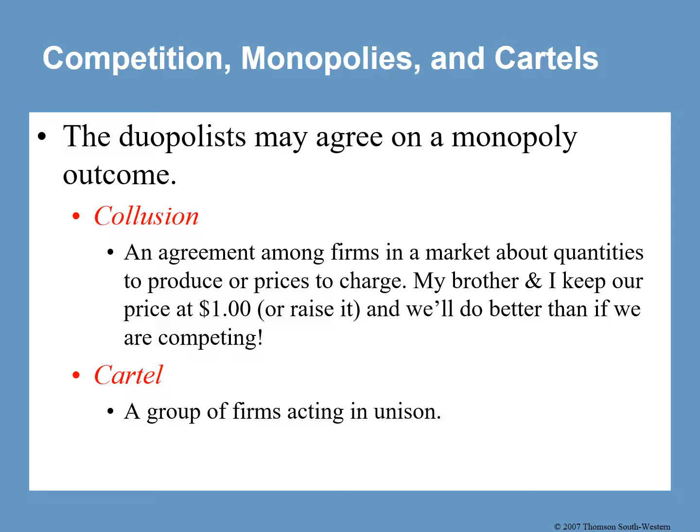In other words, my brother and I, at the ripe ages of 5 years old and 7 years old, formed a cartel, which is basically the economic term for a group of firms acting in unison. If you've ever been curious, maybe you've heard that term before. Famously, there are the drug cartels, and you may not have known this, but cartel is the economic term for collusion of oligopolies.